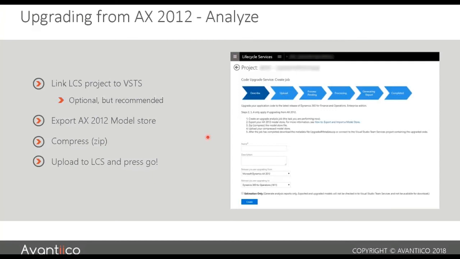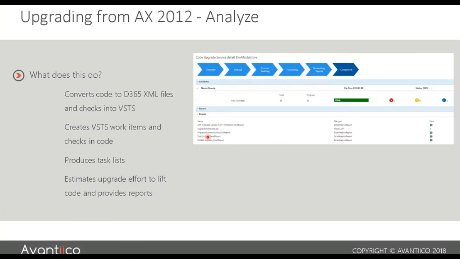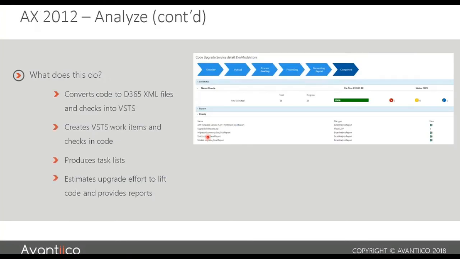So the first thing you want to do is analyze. What you can do in 2012 is take your entire model store, your entire code base, zip it up and send it to Microsoft. They'll analyze that and give you a very high-level report about what customizations you have, what overlaying you have.